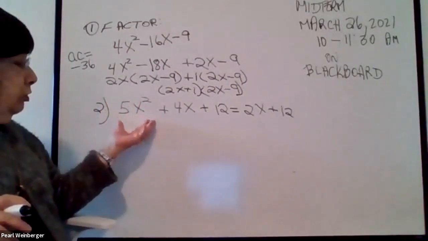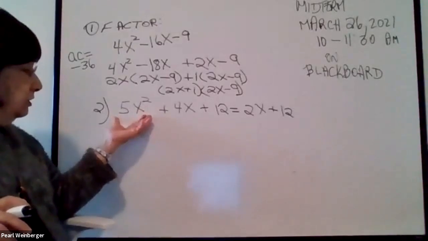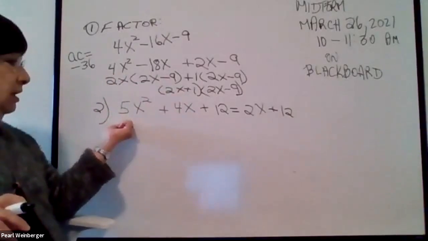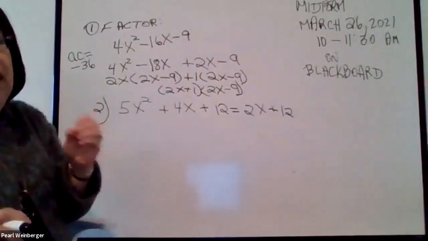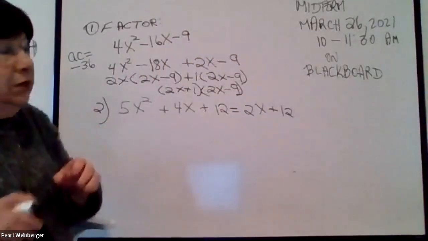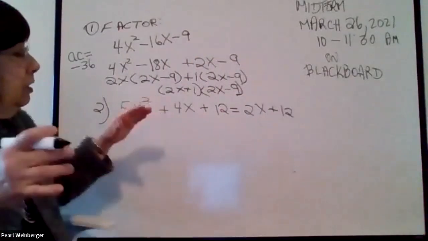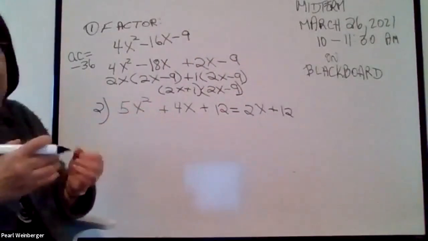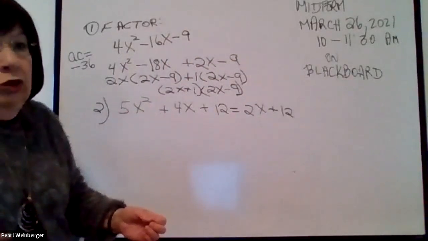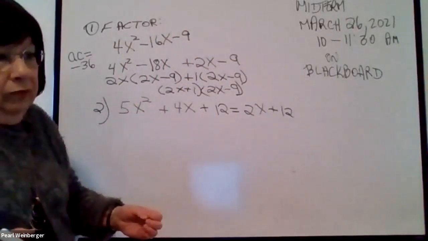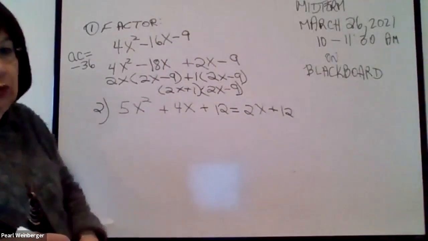If your x squared term is positive, bring everything to that side. If it's negative, bring everything to the other side. It doesn't matter if the x or the number is positive or negative, but if you want to factor or use the formula, you want your x squared term to be positive. It's just much easier to work with.